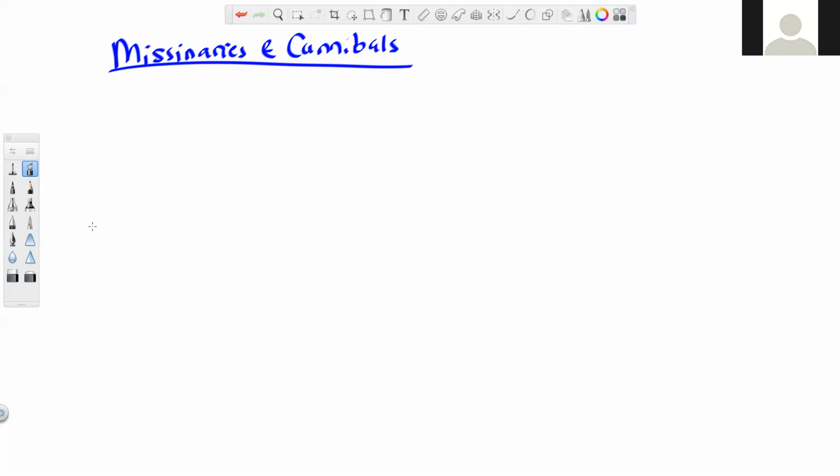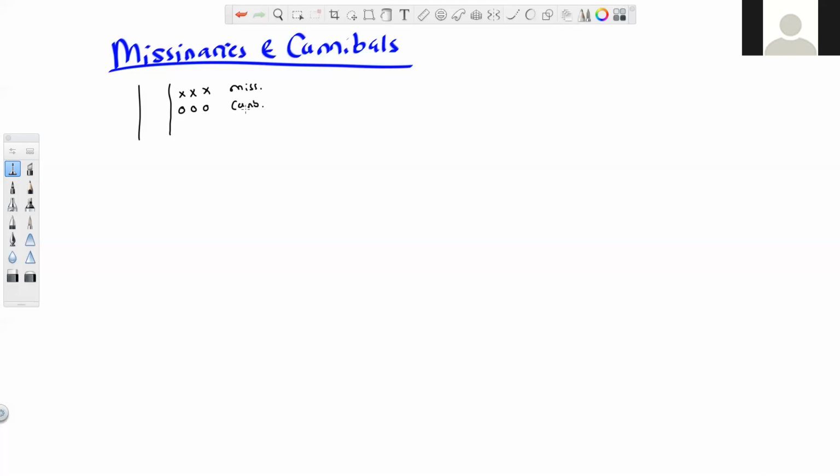In this case, I do have a river. So this is the river. And I have 3 missionaries and 3 cannibals that are sitting on one side of the river. We're going to use this symbol for missionaries and this one for cannibals.